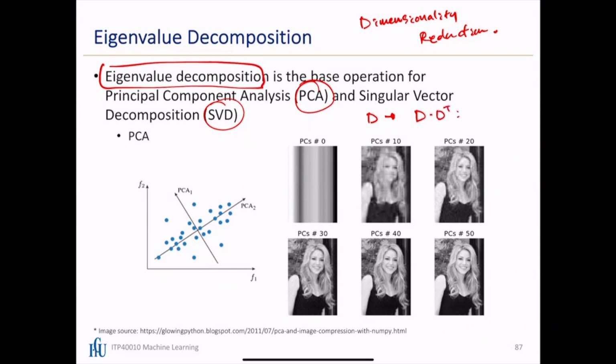This becomes something called a covariance matrix. If you apply eigenvalue decomposition to the covariance matrix, you can get PCA. And if you add some additional condition, then you can get the result of SVD.